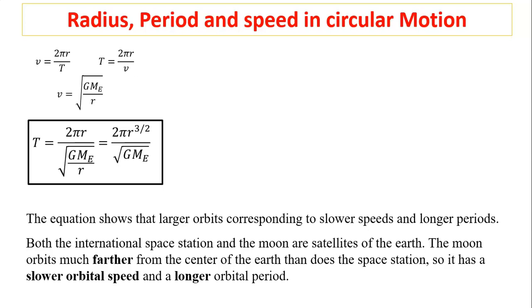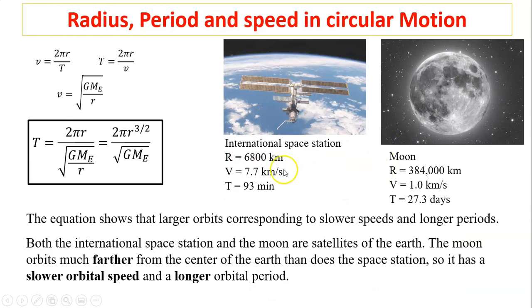The Moon orbits much further from the center of the Earth than does the space station, so it has a slower orbital speed. Take a look. Here's the International Space Station, much closer to Earth. It has a period of 93 minutes and a speed of 7.7 kilometers per second. On the other hand, here's the Moon. It's much further, has much less speed, and takes much longer to go around Earth.